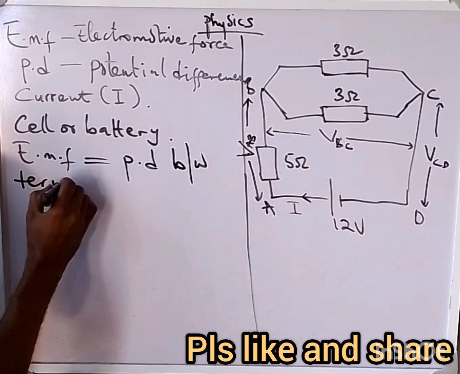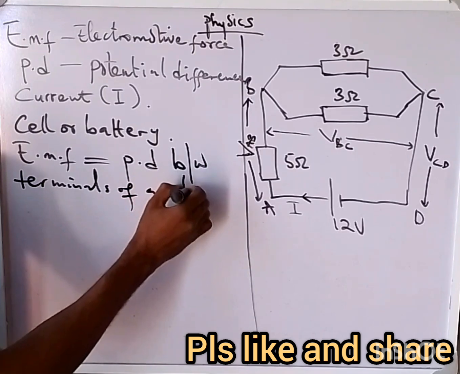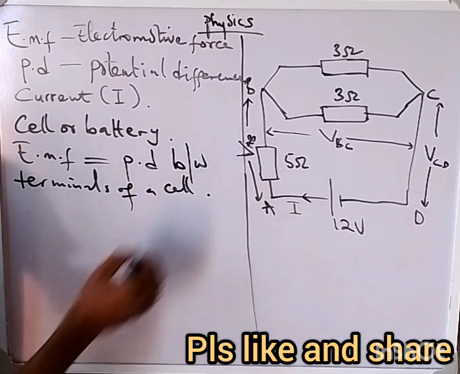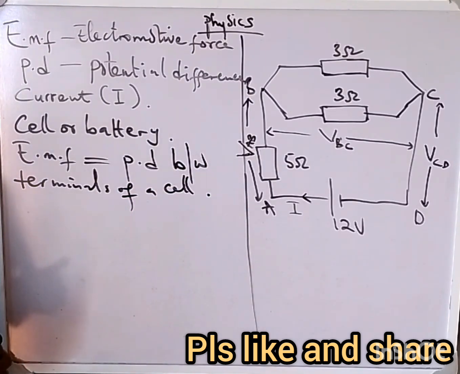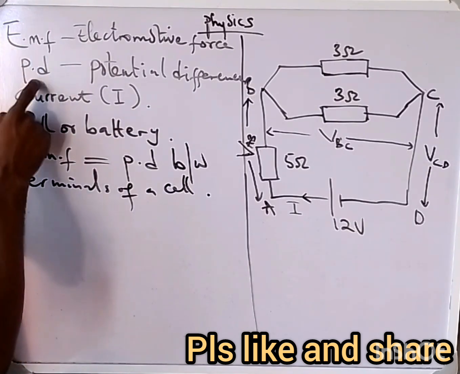Terminals of a cell when the cell is not delivering current to the external circuit. So EMF is the same as PD, but the difference is that EMF is bigger than PD.